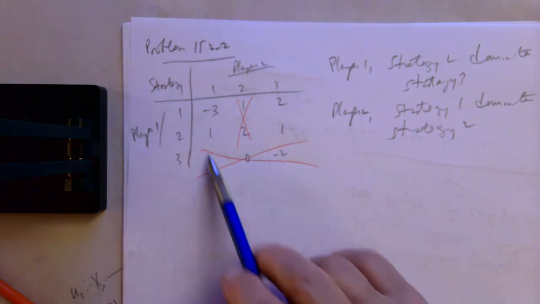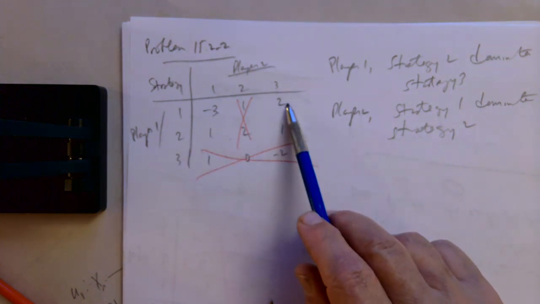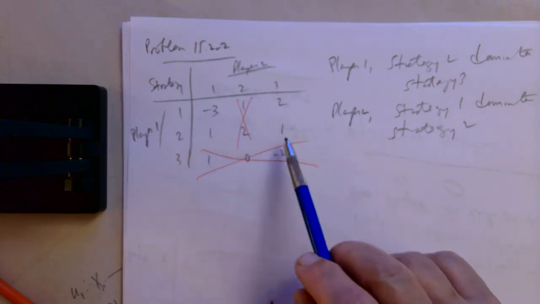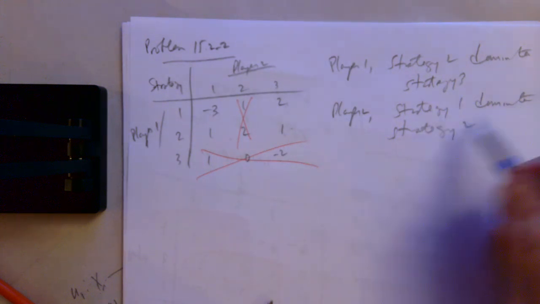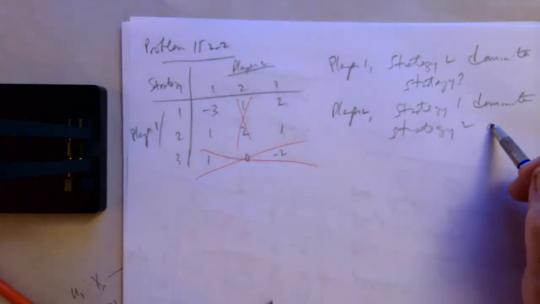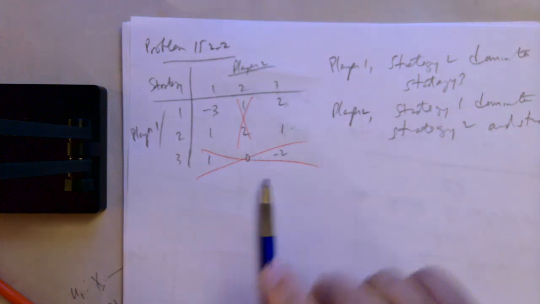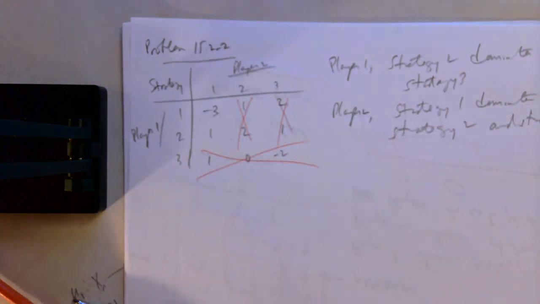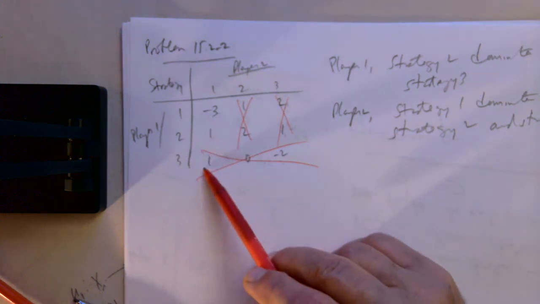In fact, strategy 1 also dominates strategy 3, because here he loses 2 compared to winning 3. Here it's the same. He loses 1 or loses 1. So strategy 1 dominates strategy 2 and strategy 3. That makes life easy for player 2. He's never going to choose strategy 2 or 3, only strategy 1.